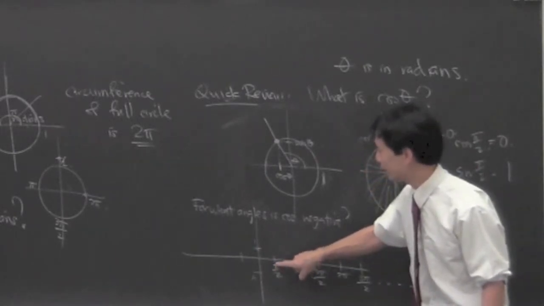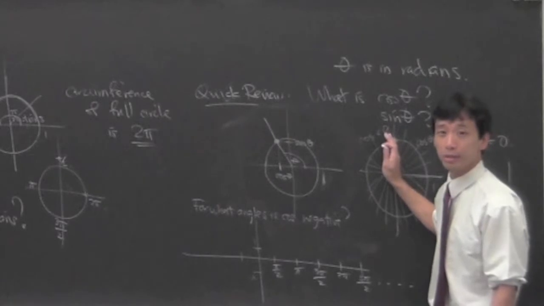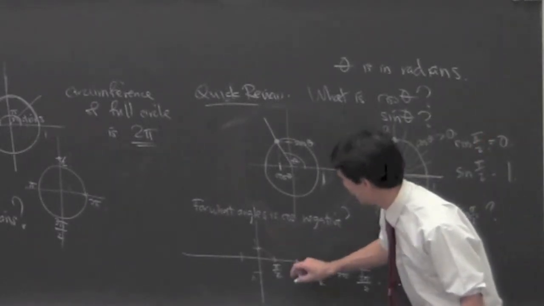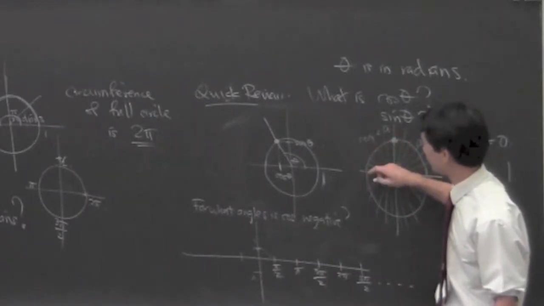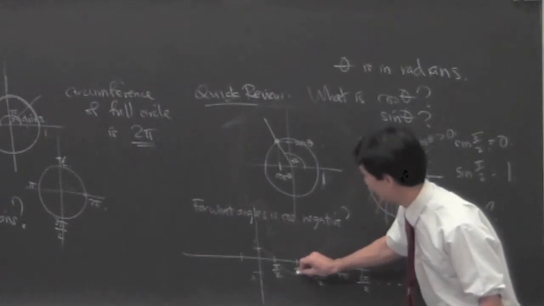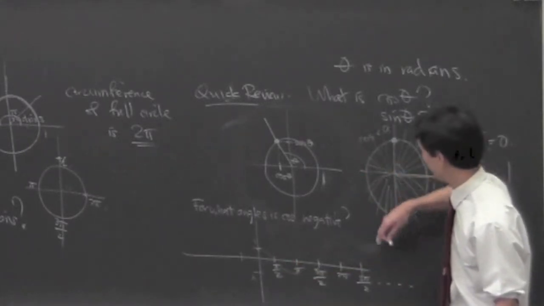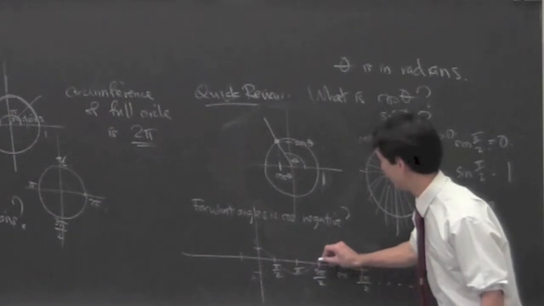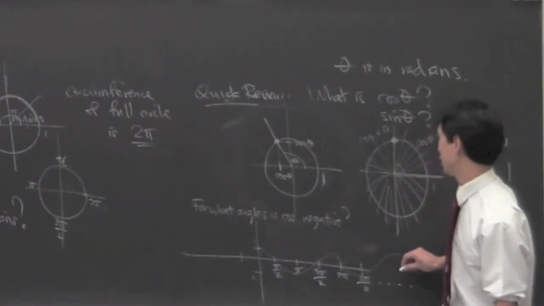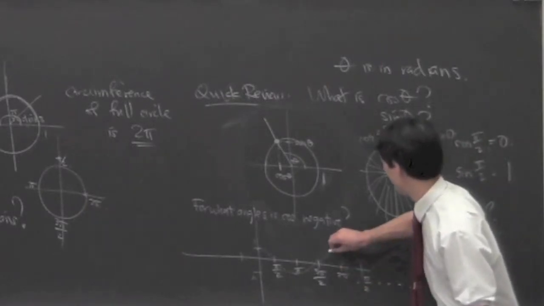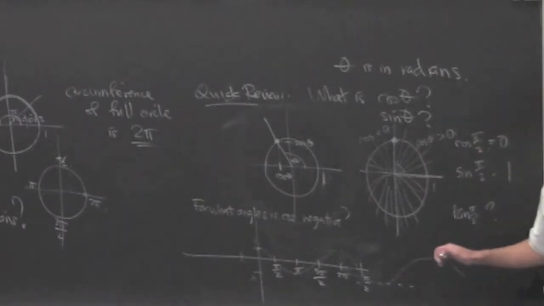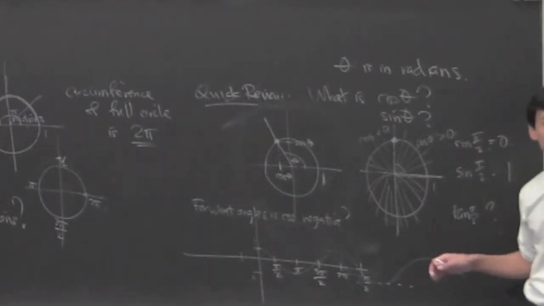At time pi over 2, the cosine is 0, so it drops down here. And then it becomes negative 1 at time pi. Then at 3 pi over 2, it becomes 0 again, and it goes up and down again, like this. So this is how the cosine behaves.